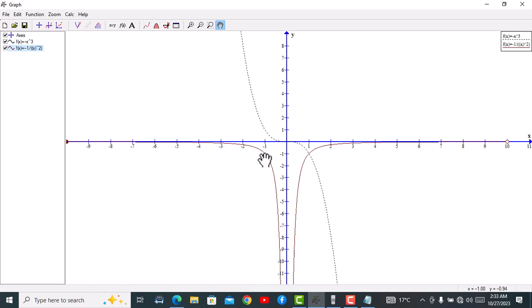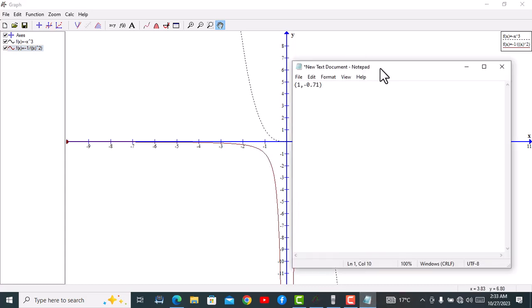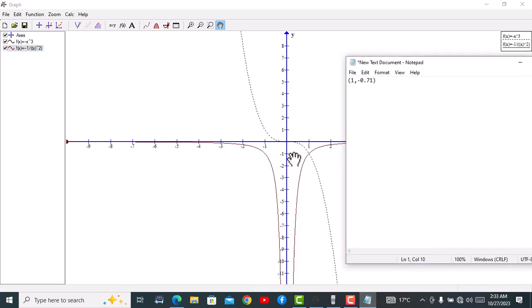When x is 1, I can have that point, when x is -1, I can have that point of -0.71. Please try to see the point that I'm trying to make here. For a point here, you will have a point there.